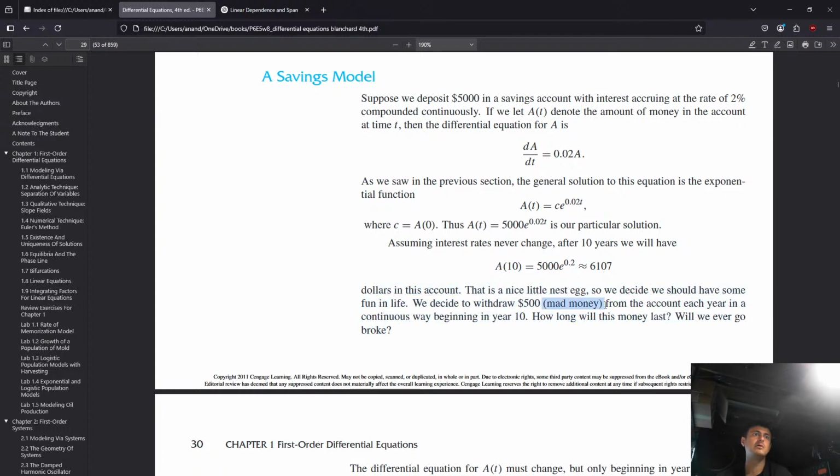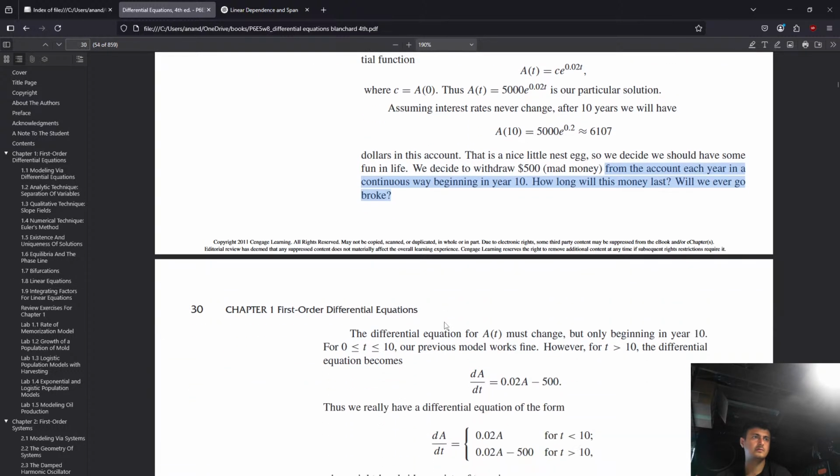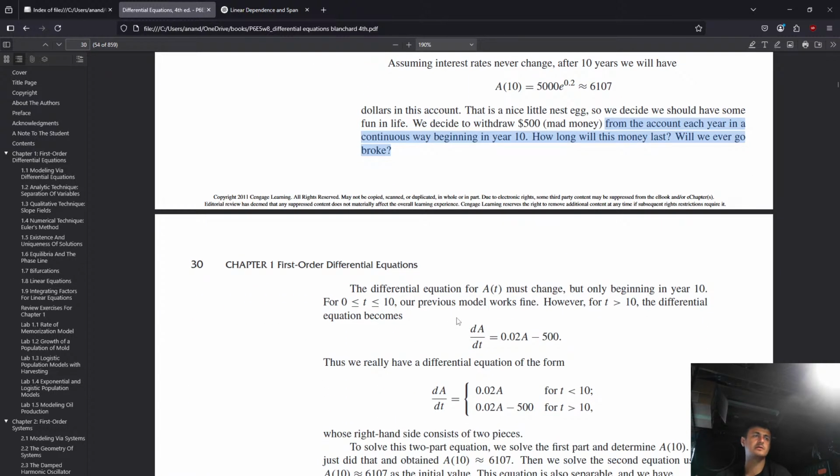Mad money from the account each year in a continuous way beginning in year 10. Oh, interesting. Wait, is that the right model?